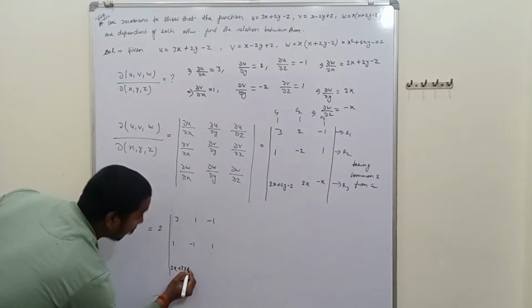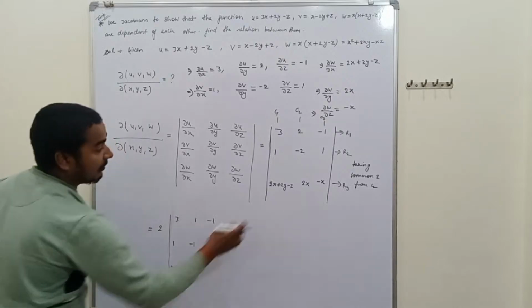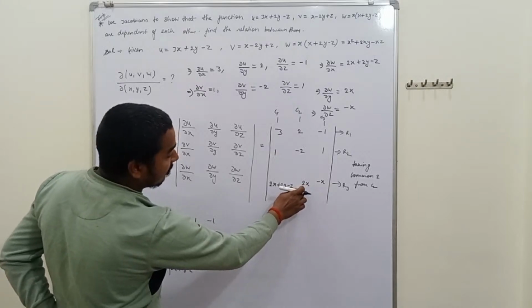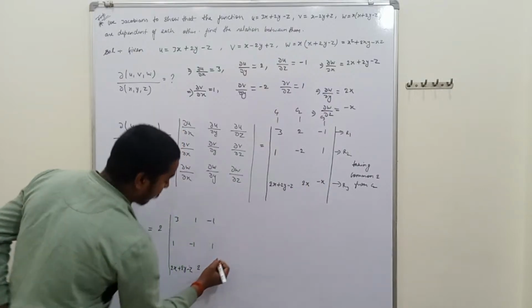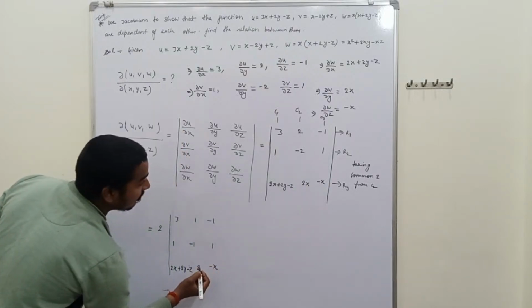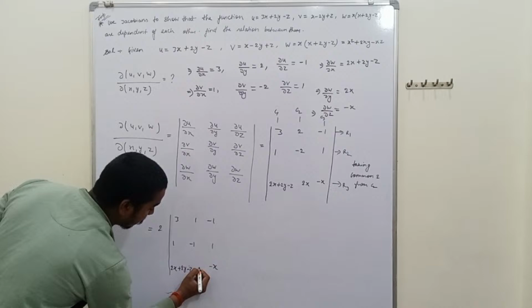From here we have to take common 2, that is 2, and from here is x.